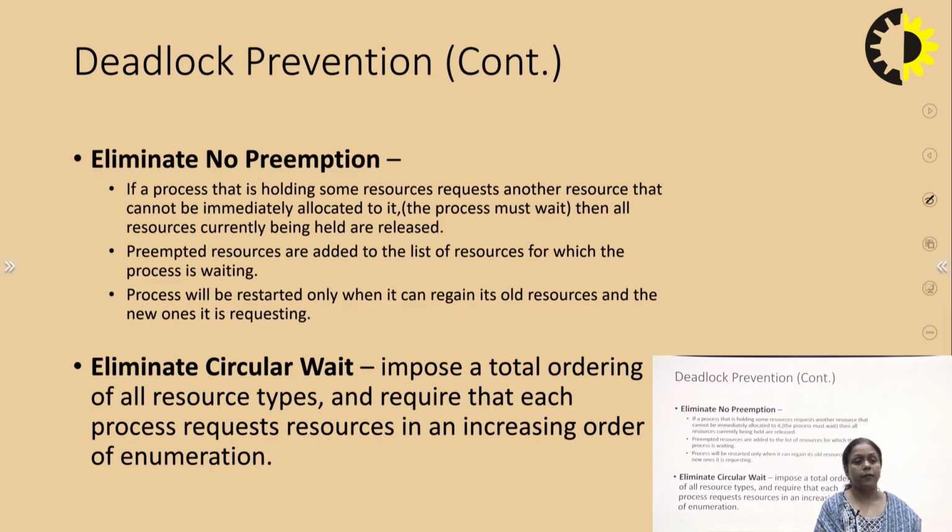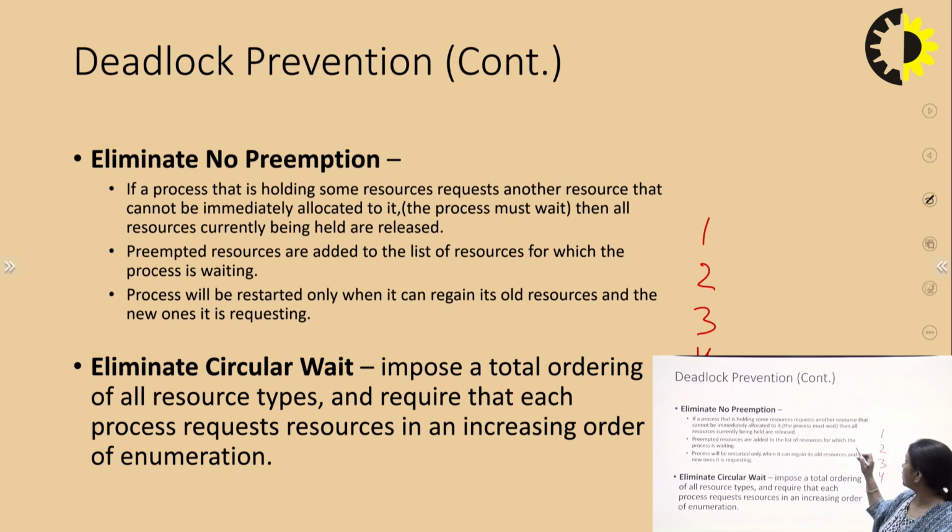Eliminate circular wait. In this case, we have to eliminate circular wait. To eliminate this circular wait, we have to give ordering to the resources. For example, R1, R2, R3, R4, and in this increasing ordering only, the system can demand the resources.